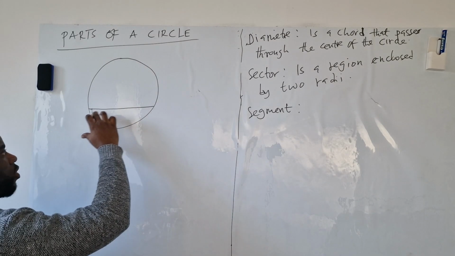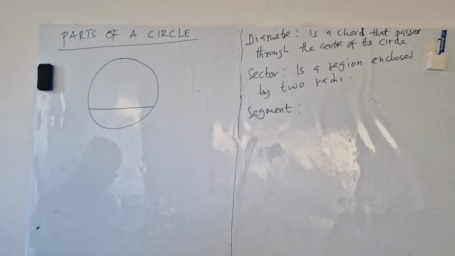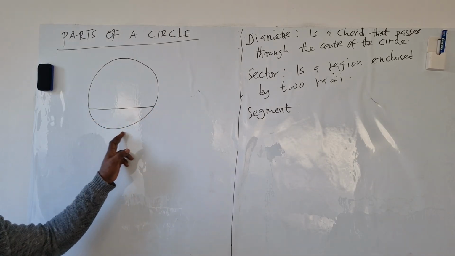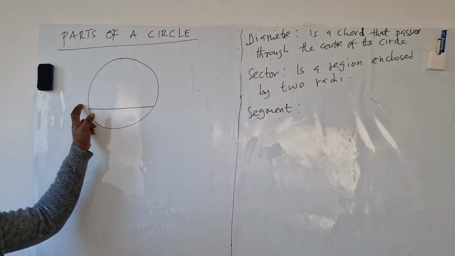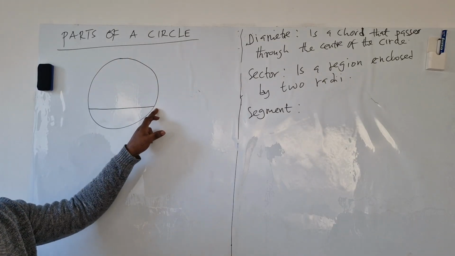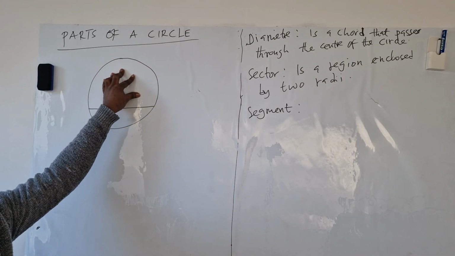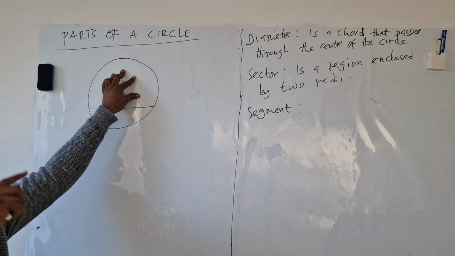So whenever there's a chord in a circle, that region enclosed by the chord and then the arc. This is an arc, it's part of the circumference. This is also another arc, right? So there's a region here enclosed by the chord and the arc.